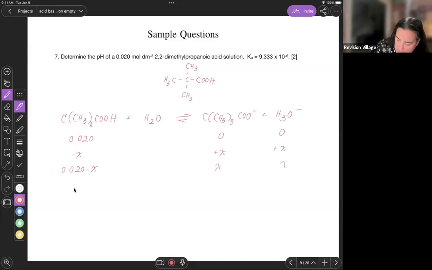But many of you who have practiced this problem a lot might recognize that it's always exactly the same setup. And so you might have skipped directly to the equation I just wrote down, where we say Ka is equal to x squared over 0.020. And once again, I would make the approximation that the amount of acid that hydrolyzed is negligible.